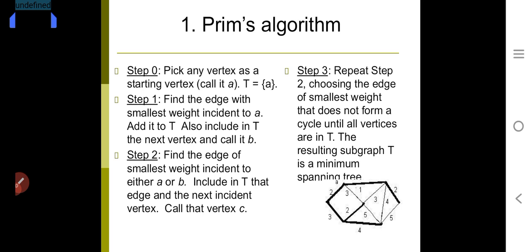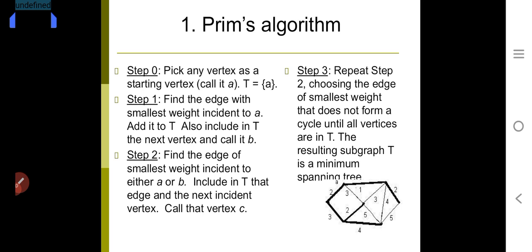Again, repeatedly we add the smallest weight incident on either A or B. So we add a vertex along with A and B and call it C. We have a set T equal to A, B, C. Then we repeat the steps until we cover all the vertices in the graph.